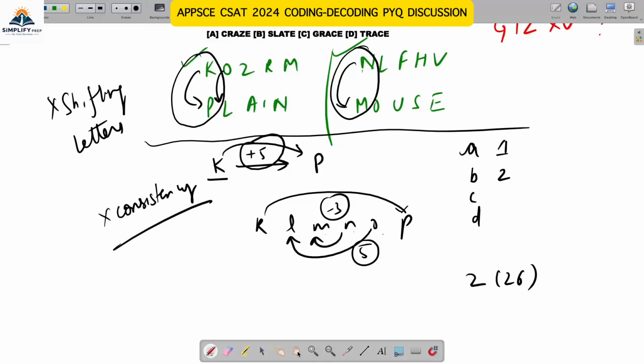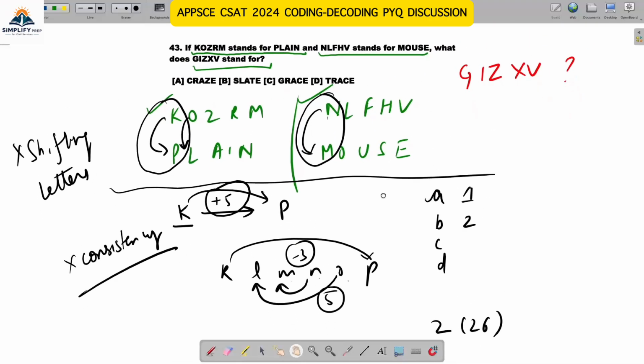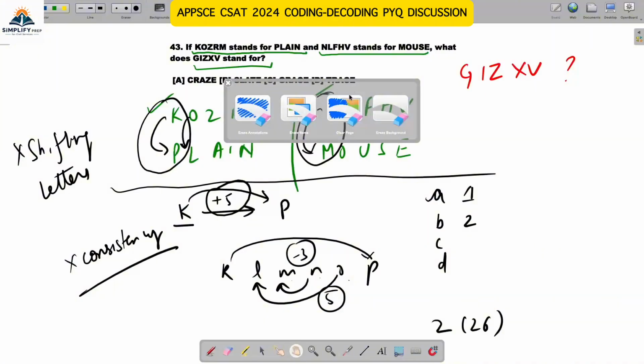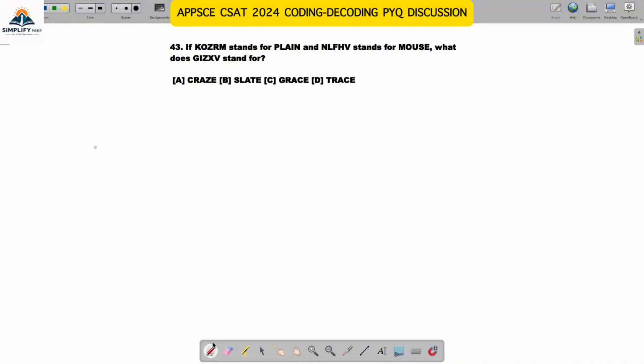So what is happening here that we have to decode? I'm clearing it once again. What is happening here is a very typical thing called reversing of letters, which you will understand by the examples that I'm writing.